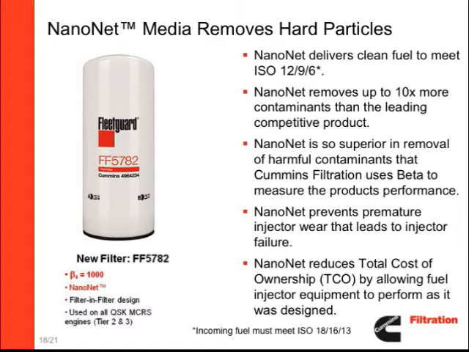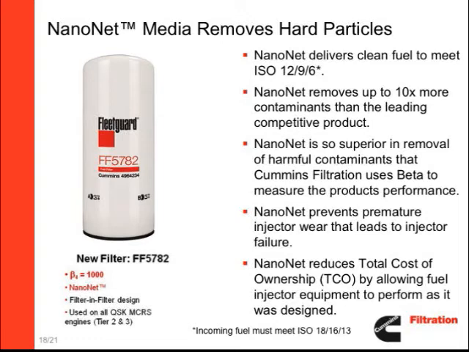The FleetGuard FF5782 is a new filter introduced for secondary fuel filtration. The NanoNet media delivers clean fuel to meet ISO 12/9/6 as long as the incoming fuel meets ISO 18/16/13. NanoNet media removes up to 10 times more contaminants than the leading competitive product and is so superior in removing harmful contaminants that Cummins Filtration uses beta to measure the product's performance.